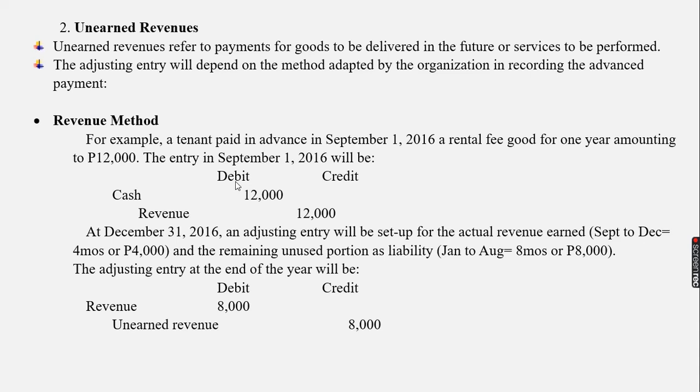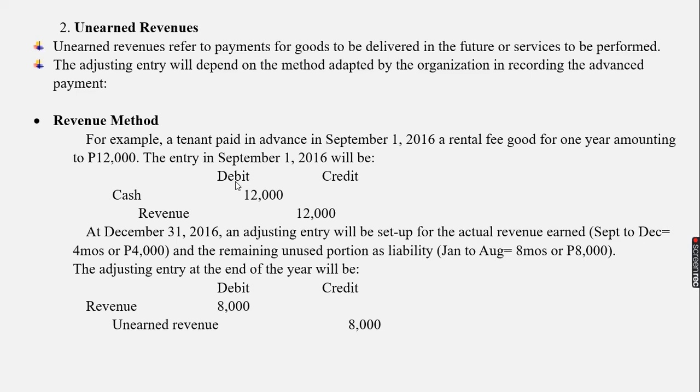So, nagbayad daw yung tenant ng rental fee good for 1 year noong September 1, 2016 for 12 months. So, yung entry mo, September 1, 2016, syempre nakatanggap ka ng cash, which is 12,000, and revenue for credit na 12,000 din, 'di ba?